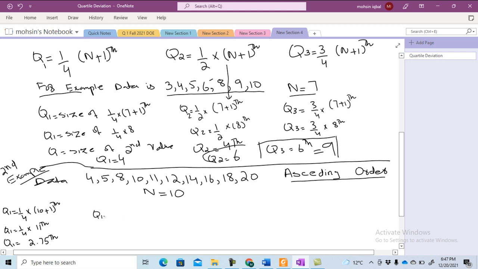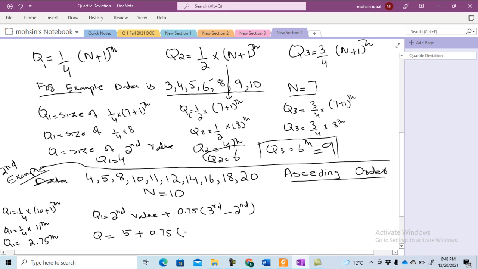Now how will I calculate the 2.75th value? Q1 will be equal to my second value plus 0.75 of the difference. The 2.75 means the value is greater than 2 but less than 3, so it will be the third value minus the second value, multiplied by 0.75. The second value in the data is 5, and the third value is 8.